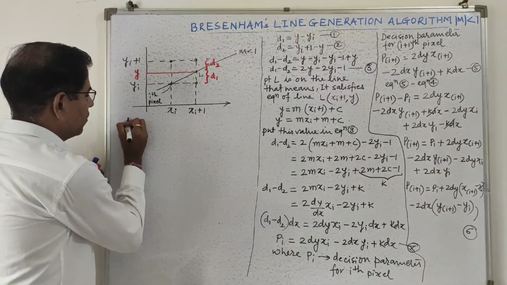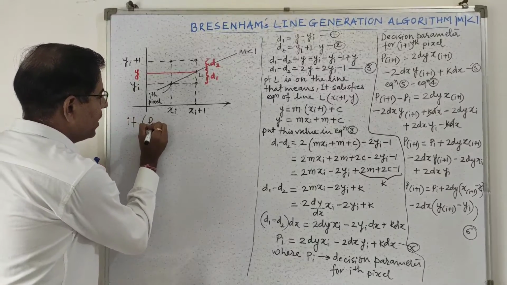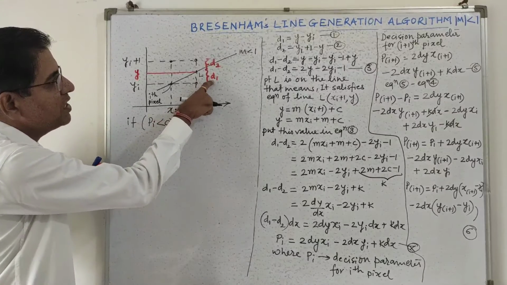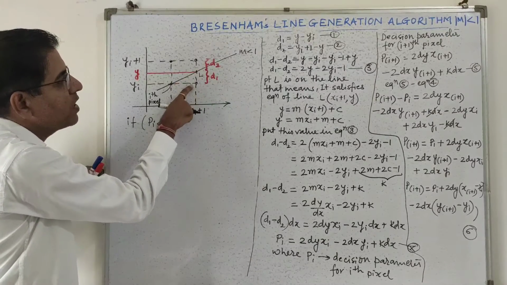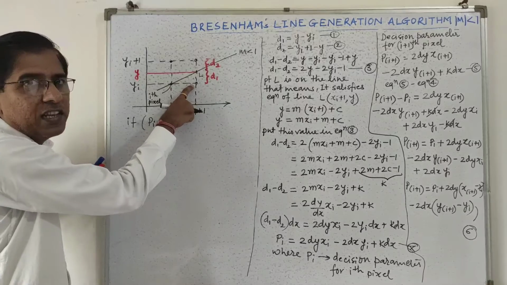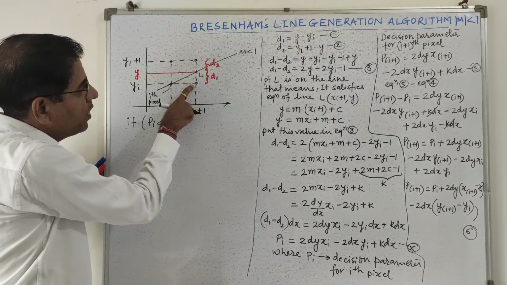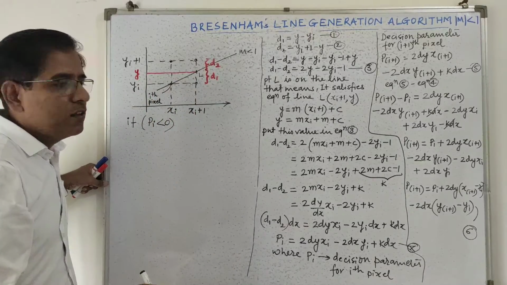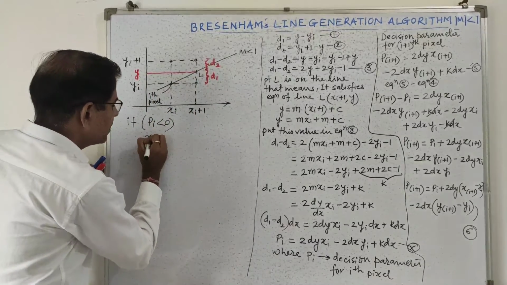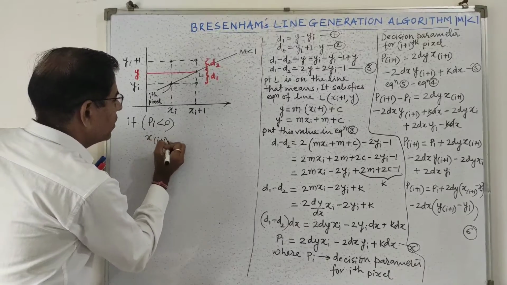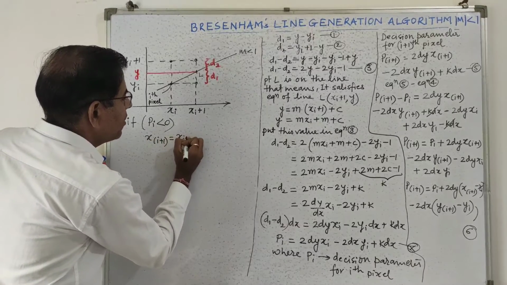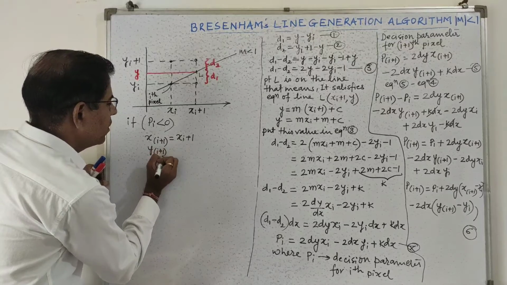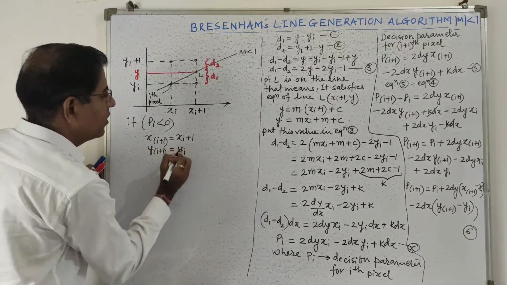So if pi is less than 0, which means d1 is less than d2, that means this line is passing more closer to this point, so we'll select the next pixel as this point. The coordinate of this point is xi plus 1 and yi. So if pi is less than 0, then xi plus 1 is equal to xi plus 1 and yi plus 1 is equal to yi.